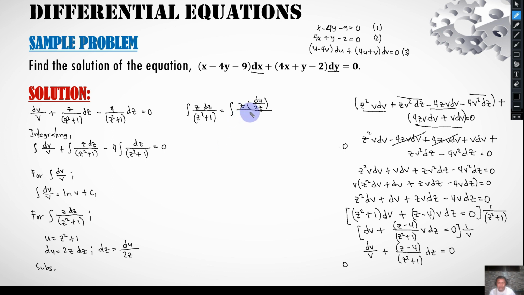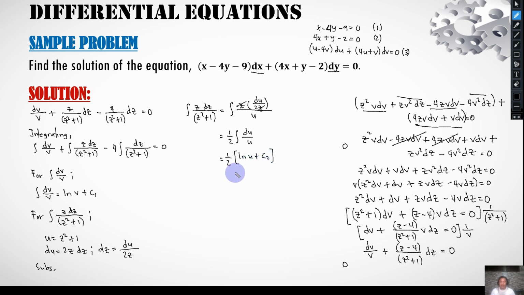So the z will cancel. We take out the 1/2, and we have 1/2 times the integral of du over u, which is equal to 1/2 times ln u plus c2.